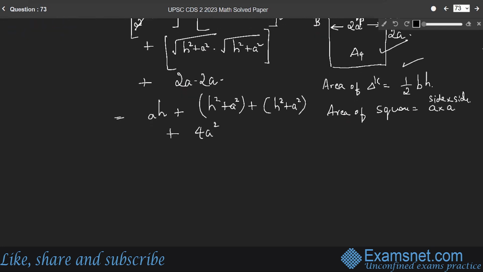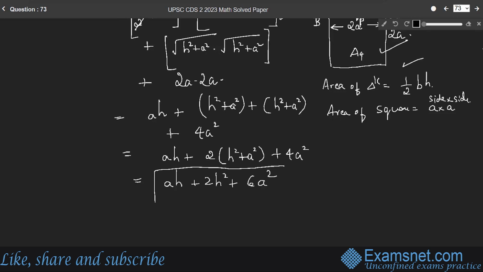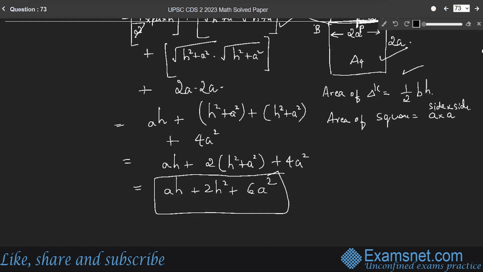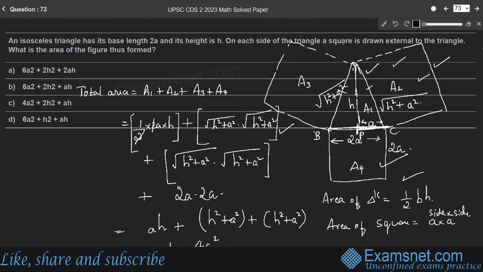Therefore, we have ah plus 2 times h square plus a square plus 4a square, which is ah plus 2h square plus 2a square plus 4a square, giving 6a square. This is the total area of the figure thus formed: ah plus 2h square plus 6a square.